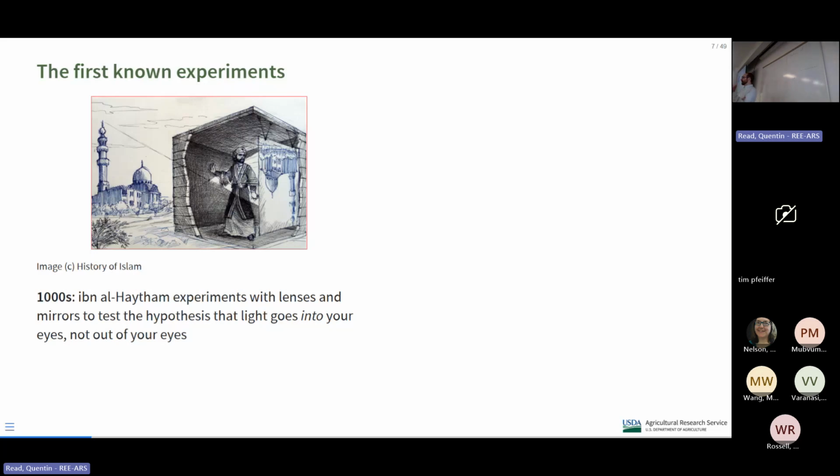The term scientist didn't exist at the time. It was thought that vision worked by rays going out of your eyes and striking objects. But he had the hypothesis that really something is going into your eyes to make you see. And through some clever design using a chamber with a pinhole in it, he was able to test and gather evidence in favor of the hypothesis that light goes into your eyes. That is the first documented manipulative experiment that we know of, the lineage we trace to the experiments of today.